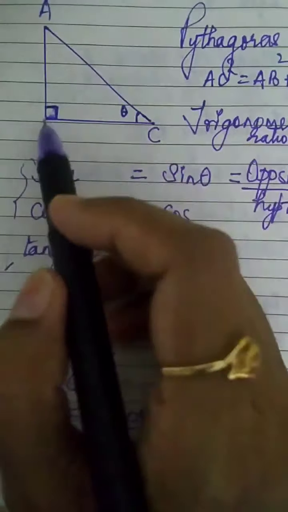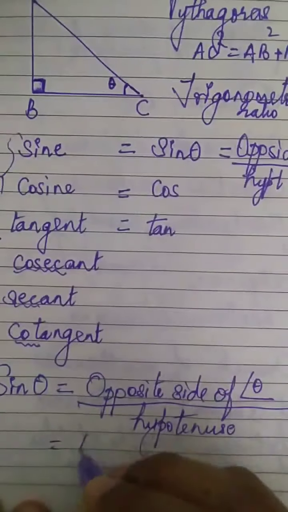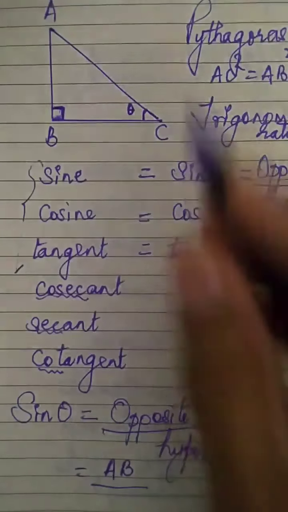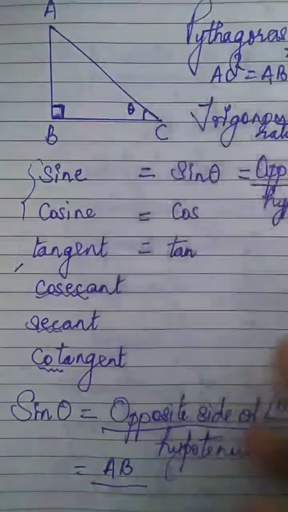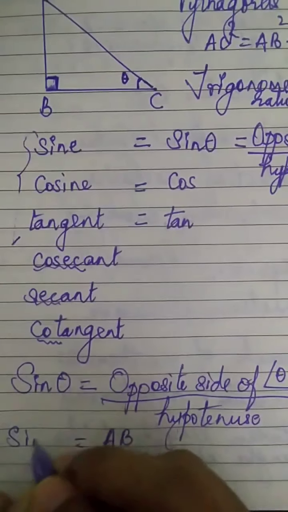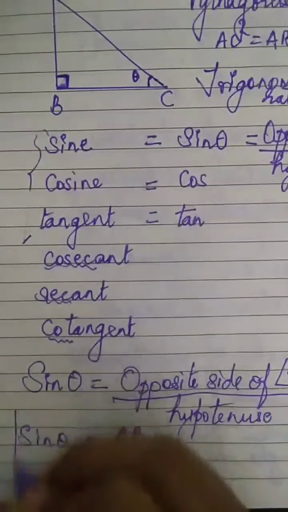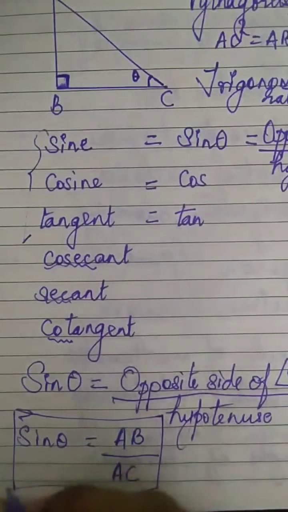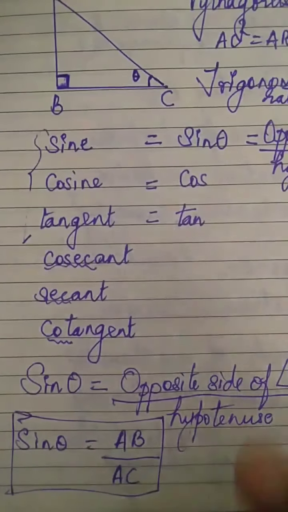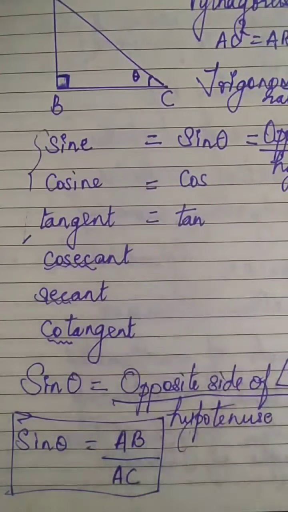Opposite side is AB. So in place of opposite side, you will write AB upon, what is the name of the hypotenuse? Hypotenuse is not going to change, it is AC. So sin theta is AB upon AC. From this triangle, the value of sin theta is AB upon AC. Learn the first formula. This is the first formula.